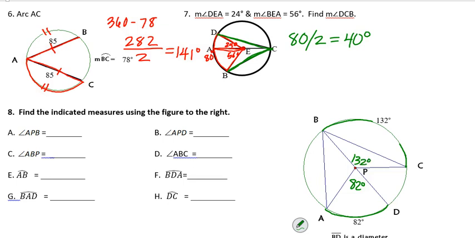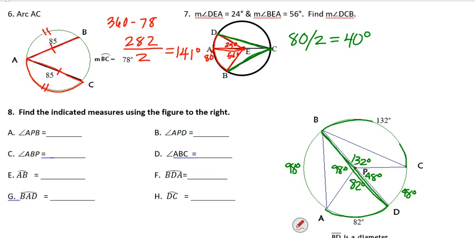Now to find this angle, notice here that I have half the circle, so I'm going to subtract 132 from 180, and that's going to give me 48 here. So if that central angle is 48, then this arc's 48. Again, we've got our half circle here, so on the other side, same thing. We're going to subtract 82 from 180, so that's going to be 98 here, which means this is also going to be 98 out here.